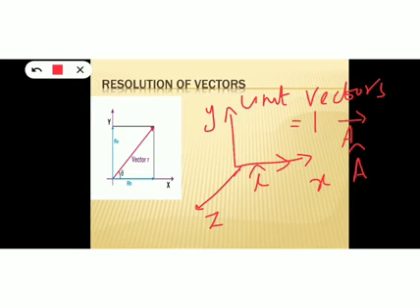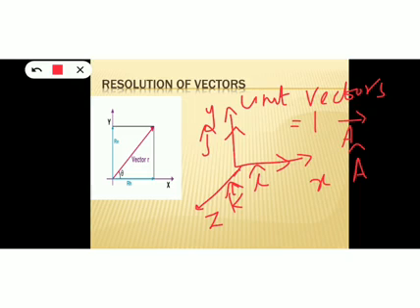So the unit vector along the x-axis is i cap. The unit vector along the y direction is j cap, and the unit vector along the z direction will be k cap. So i, j, k are the unit vectors along the x, y and z axes of a rectangular coordinate system respectively.